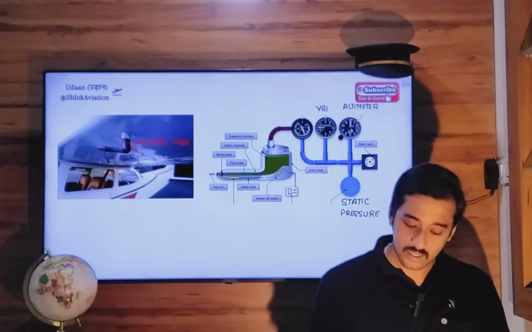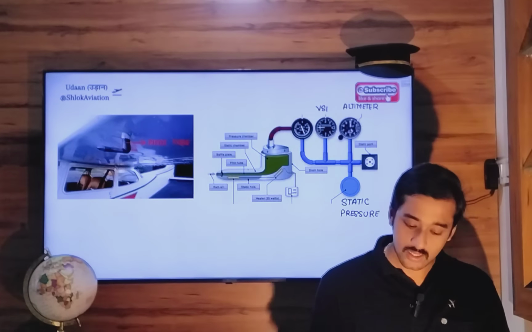We are left with dynamic pressure only, right? And this dynamic pressure is responsible for expanding and contracting the aneroid capsule.